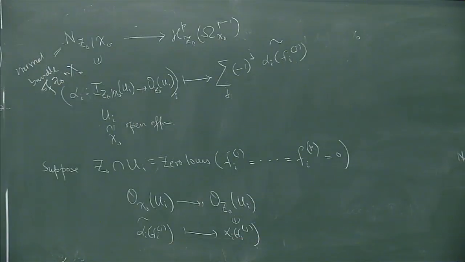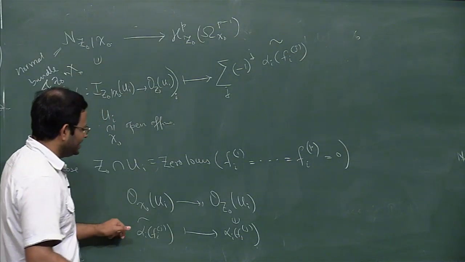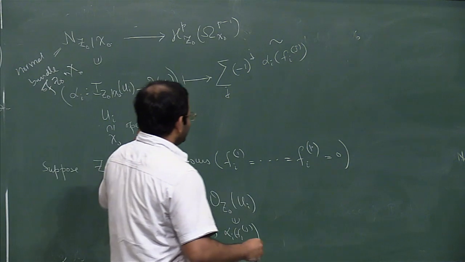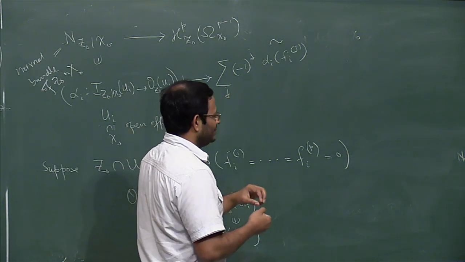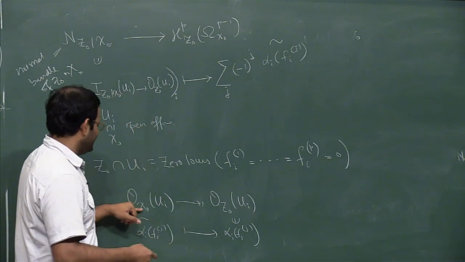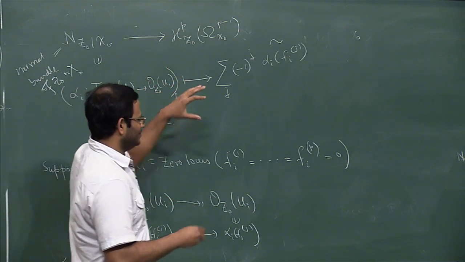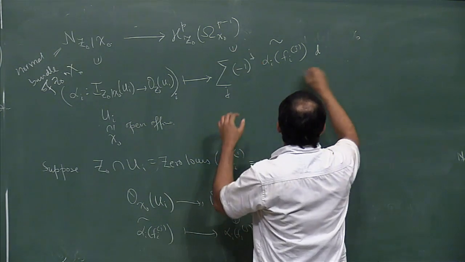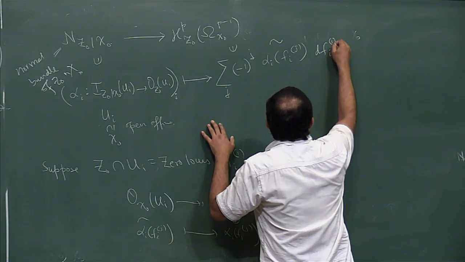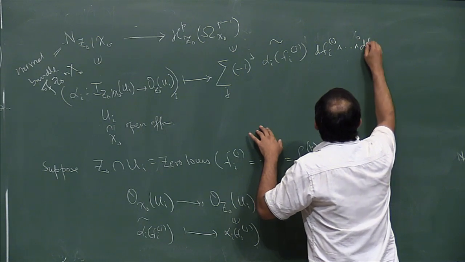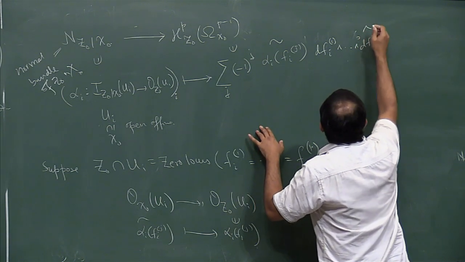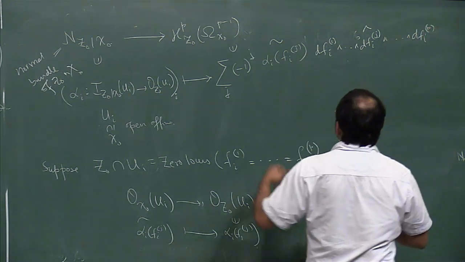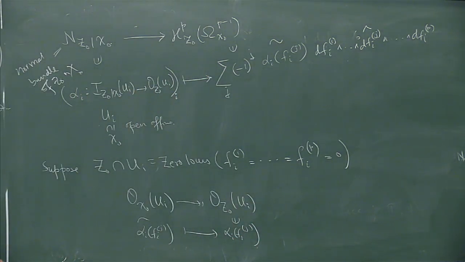Of course, this lift is not unique, but the difference of any two lifts lies in the ideal sheaf of Z0, and because of that, anything that is a multiple of an ideal sheaf of Z naught will vanish here. So, what I am trying to say is that this element gives a well-defined element in here which does not depend on the lift.